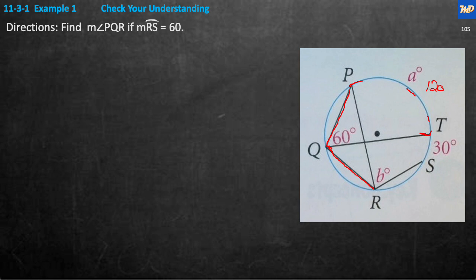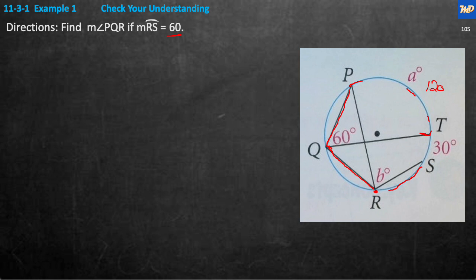And then what do they say up in the given? They say find PQR if RS is 60. Well, here's RS down here. RS is 60. So 120 plus 30 is 150 plus 60 is 210. So that means this is 210 to here. It goes all the way around here. So all that's left now, I guess, is this piece back in here, isn't it? So what we want to do is find PQR.